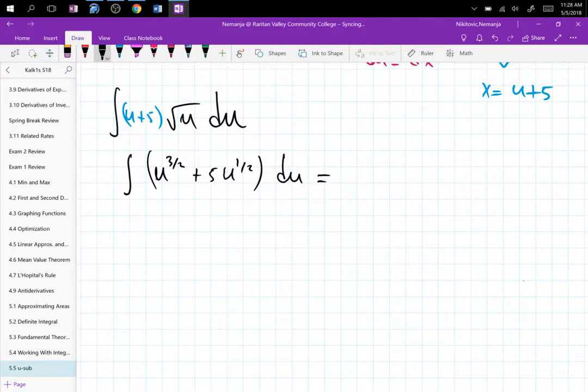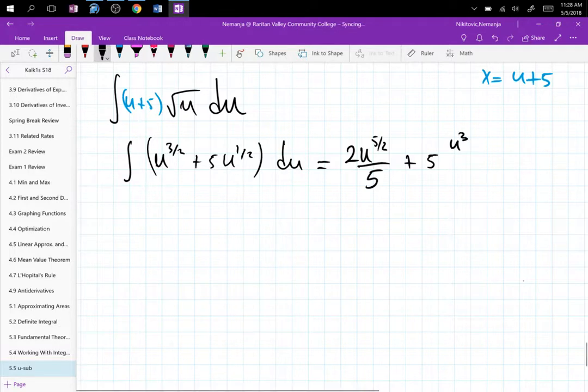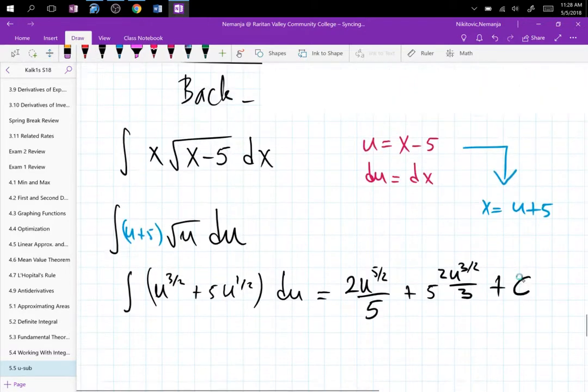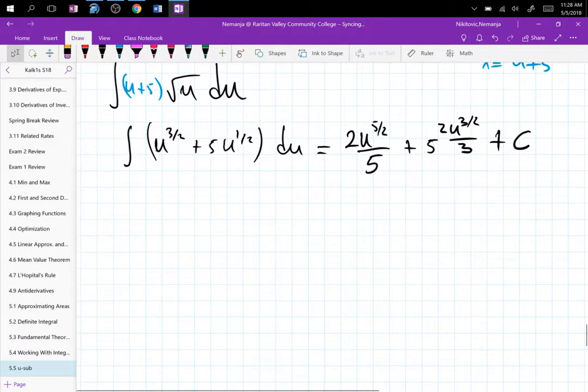So when you do the n plus 1, you get u to the 5 halves over 5. And notice that when I say halves, I write it on the top. Plus 5 times u to the 3 halves divided by 3. And then again on top, halves. And then there's a plus c at the end because it's an indefinite integral. Now, we are going to swap everything back to x.